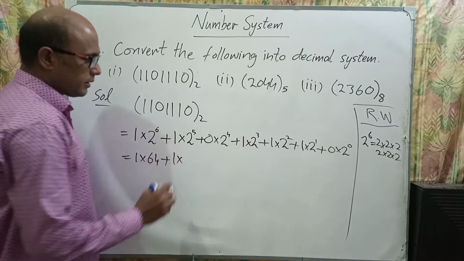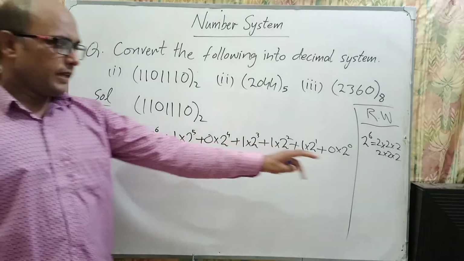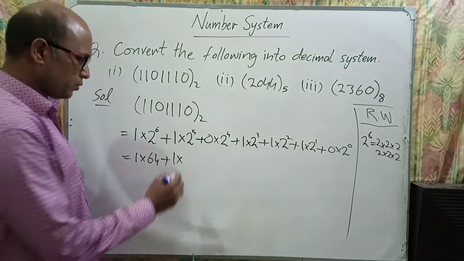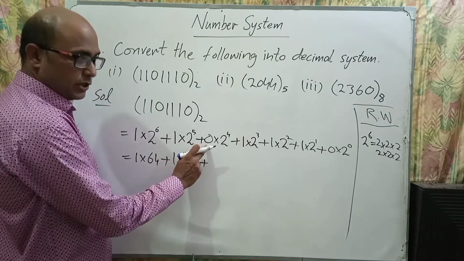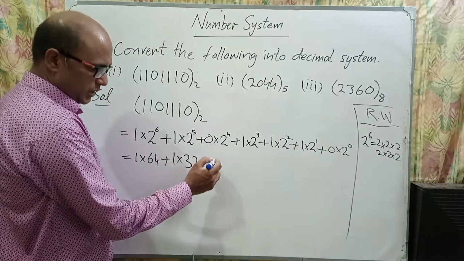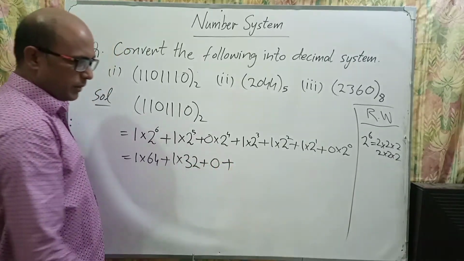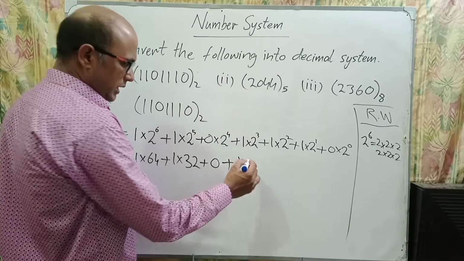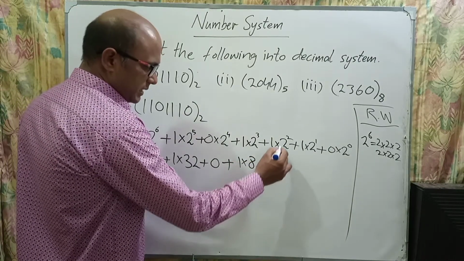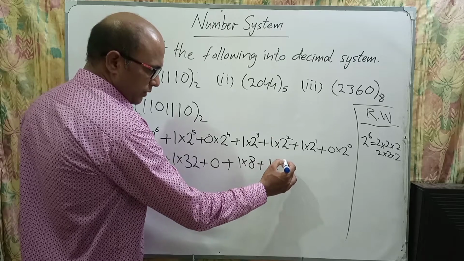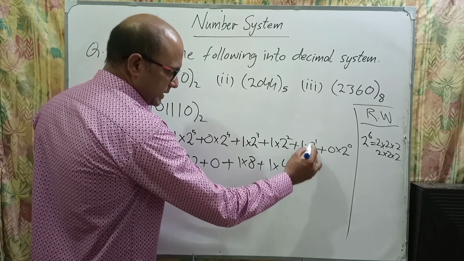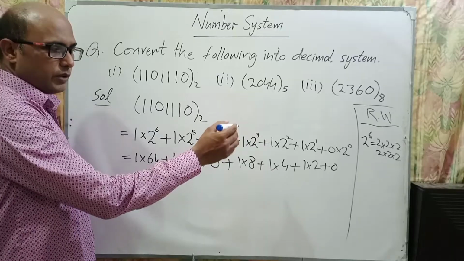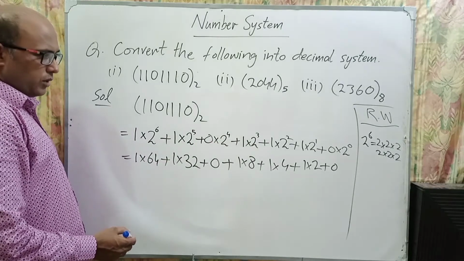Then the next one is 2 power 5. 2 twos are 4, 4 twos are 8, 8 twos are 16, 16 twos are 32. We'll write 32. 0 will make the other term 0. And then plus sign, 1 multiplied by 2 power 3, that is 8. 1 as it is, and 2 power 2 is 4, plus 1 as it is, 2 power 1 is 2, and plus 0 will make the other term 0 as well.